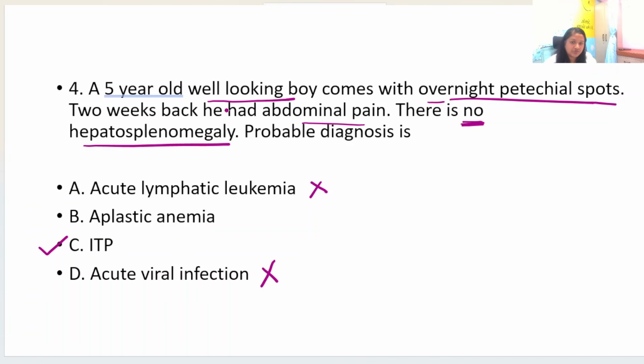Aplastic anemia, you usually won't have a well looking child. There will be pallor, right? And there will be some clinical findings as well, which are actually not going with the findings described here. Okay, so the most likely answer here is ITP, not aplastic anemia, leukemia or acute viral infection.